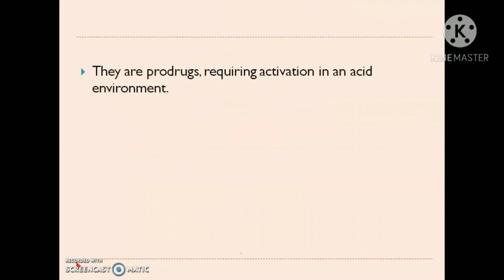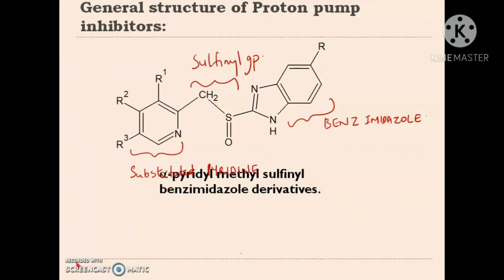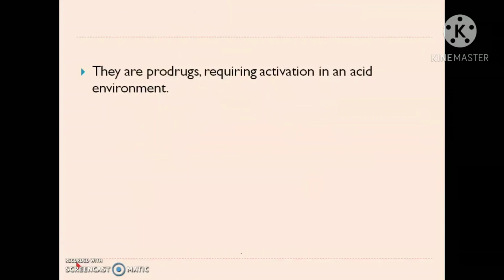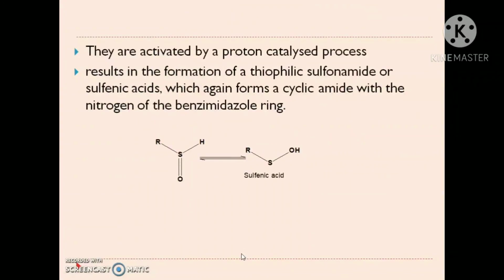These proton pump inhibitors are prodrugs and they require activation in the acidic environment. So once it reaches the blood, it enters the parietal cells from the blood, and they are basic in nature. These compounds are basic in nature and hence they accumulate in the acidic secretory canaliculi of the parietal cells.